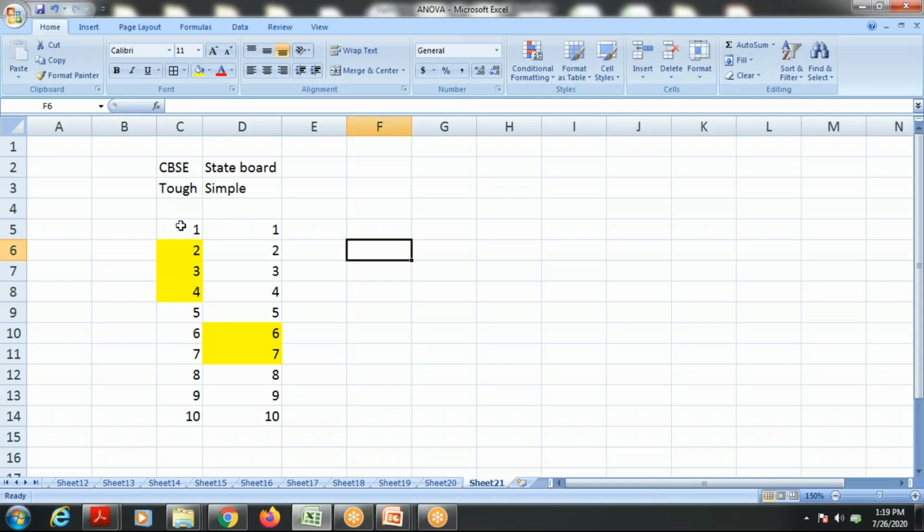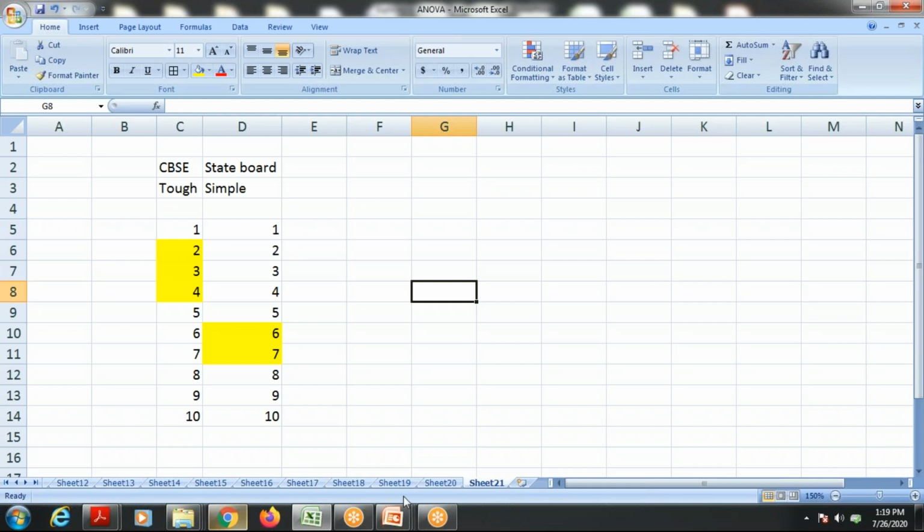And there I am looking at the rank: of those who were in the top 10 in the coaching list, which are coming in the top 10 in the state, and which of those from the state board are coming in the top 10 of the state board, and then we are comparing it.